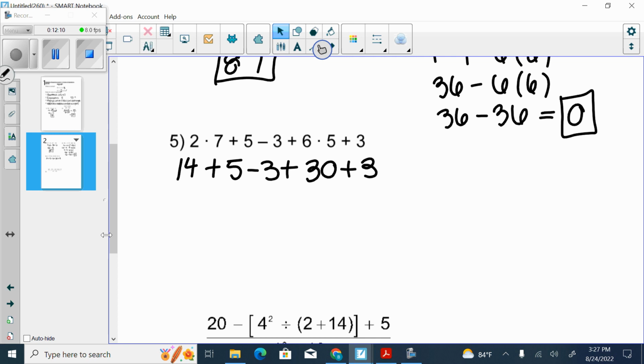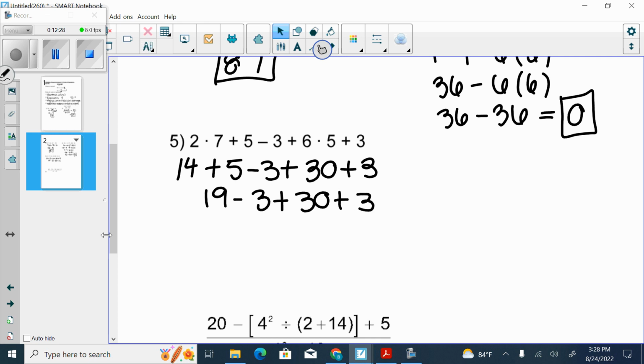Alright, so we took care of multiplication. What do we do now? Addition and subtraction. So again, we're going to start from left to right. So what is 14 plus 5? Good. I got 19 minus 3 plus 30 plus 3.